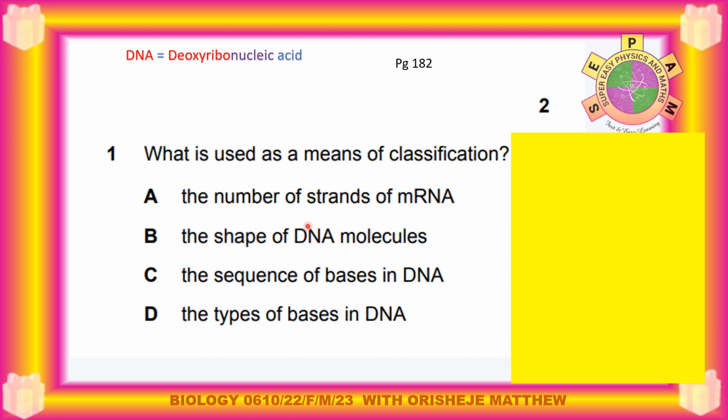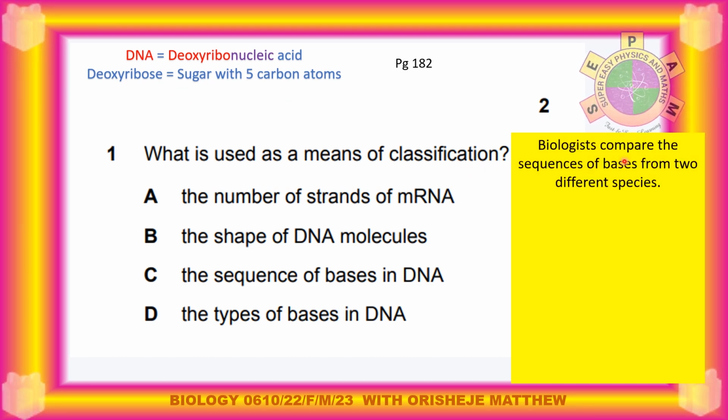Now, the first thing we need to understand this question, some basic technical term, is the DNA. DNA is the short form for deoxyribonucleic acid. So I'm going to explain what it's all about. Now, in this deoxyribonucleic acid, it contains a sugar with 5 carbon atoms that is called deoxyribose.